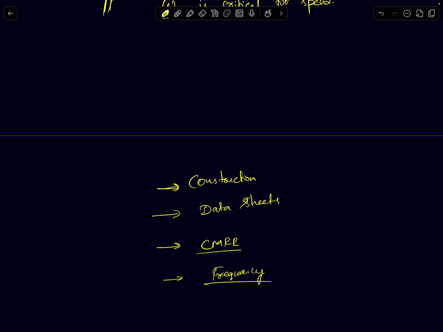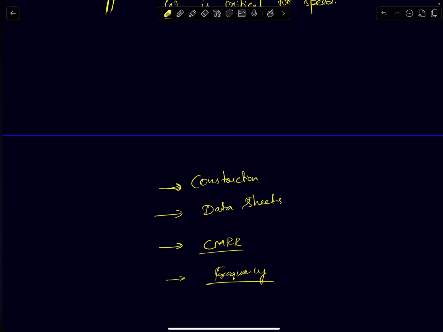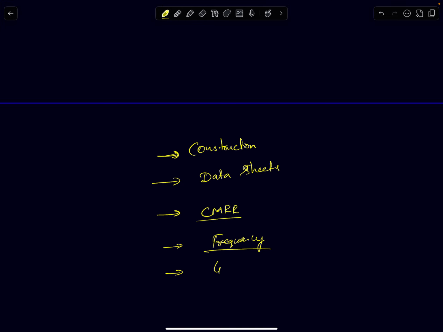So that's why, by design, the circuit designers building instrumentation amplifiers should ensure the first stage UGB is much higher than the second stage, especially when the gain is programmable and most of the gain is allotted to the first stage. And we also saw the gain error. Let's say you are using this instrumentation amplifier in a high precision application where accurate gain matters.